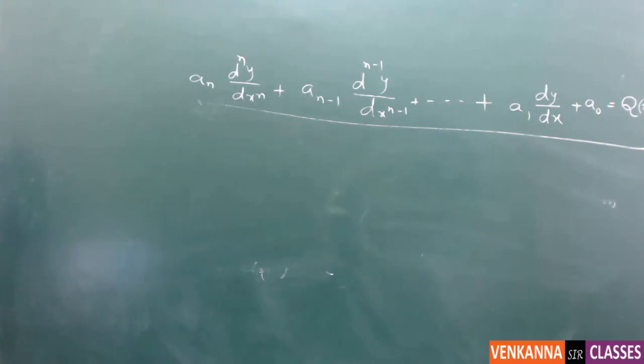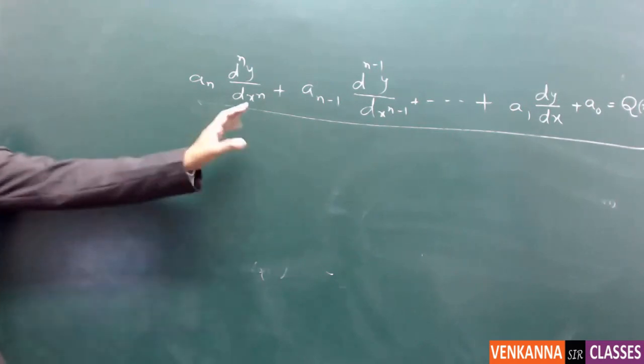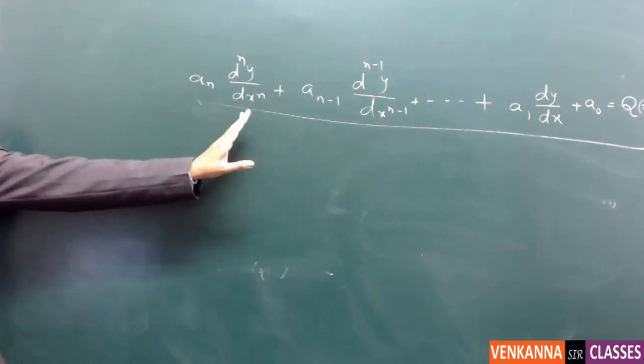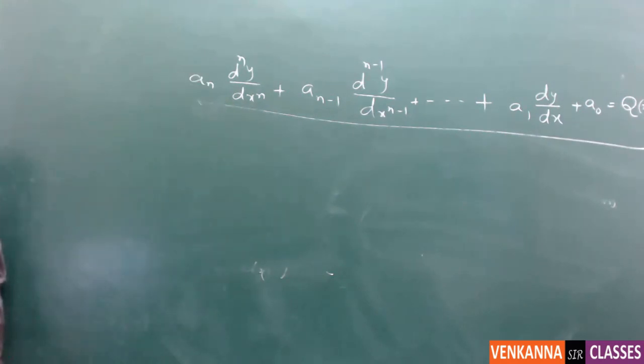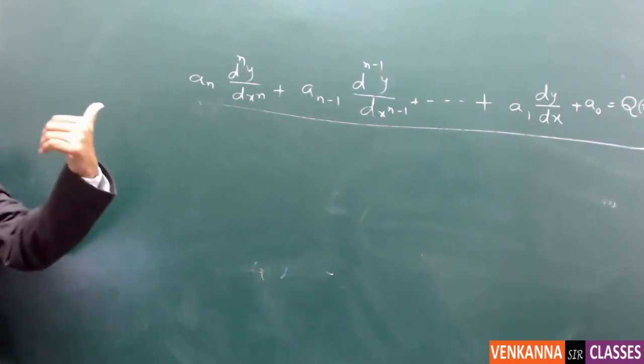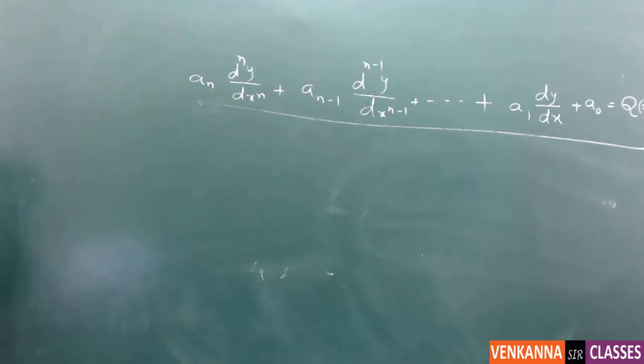And we are discussing only linear differential equations. And the two variations in this are, if the coefficients are numbers, we call it constant coefficients. If the coefficients are functions, we call it variable coefficients.